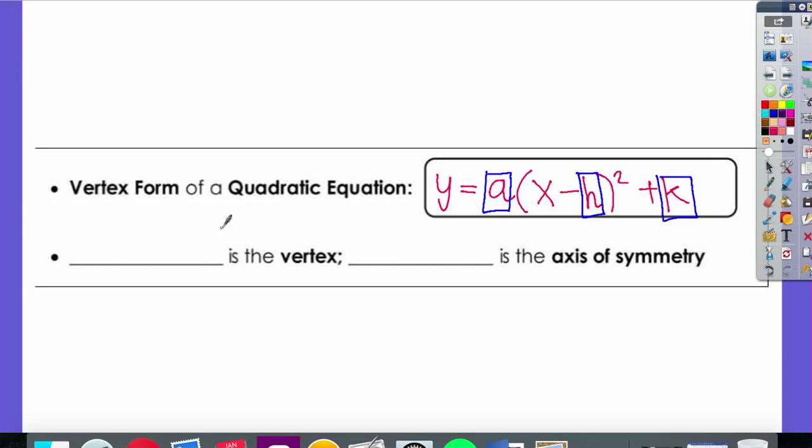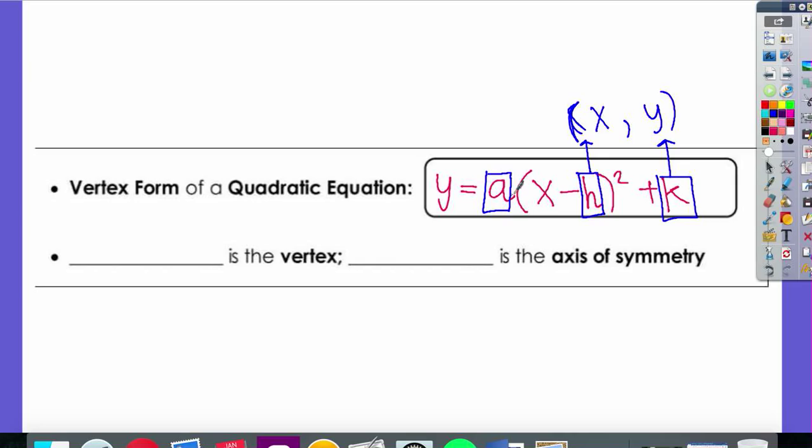So from this vertex form, the values h and k are actually the values of the point of the vertex. So h is the x coordinate of the vertex, k is the y coordinate of the vertex. Now you do notice there is a minus in front of the h. That minus is a part of the formula.